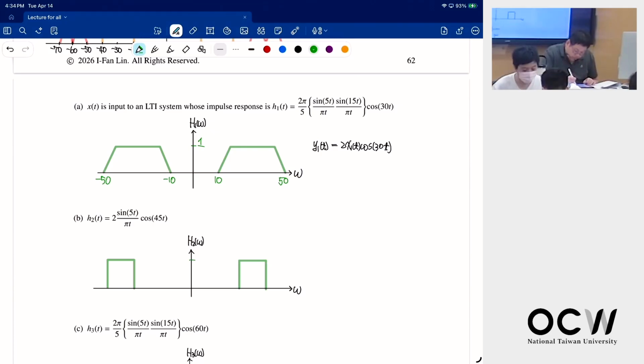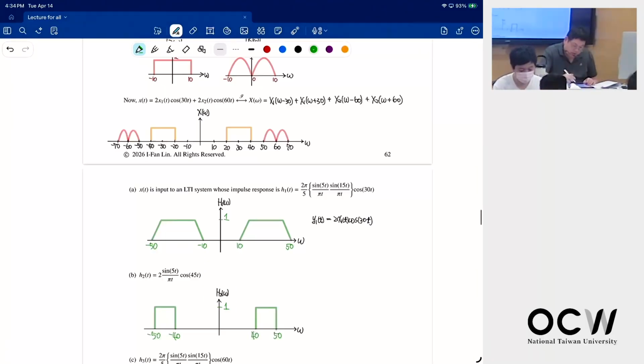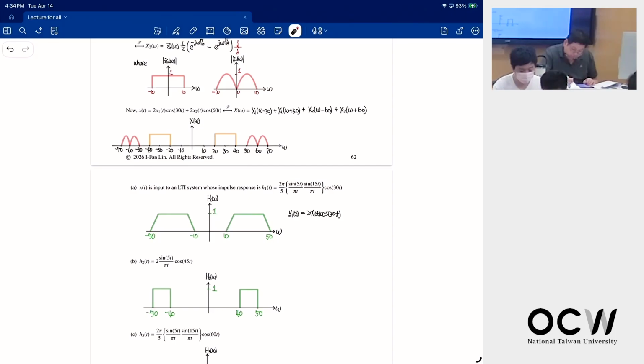Magnitude is still 1, 40 to 50, and minus 40 to minus 50. And check here, 40 to 50, minus 40 to minus 50, nothing. So you get 0.